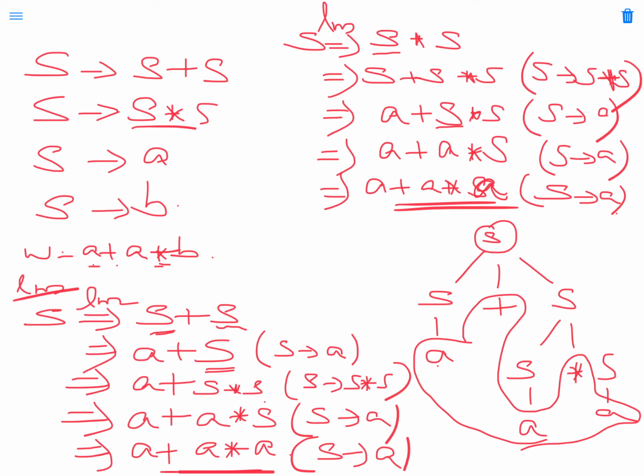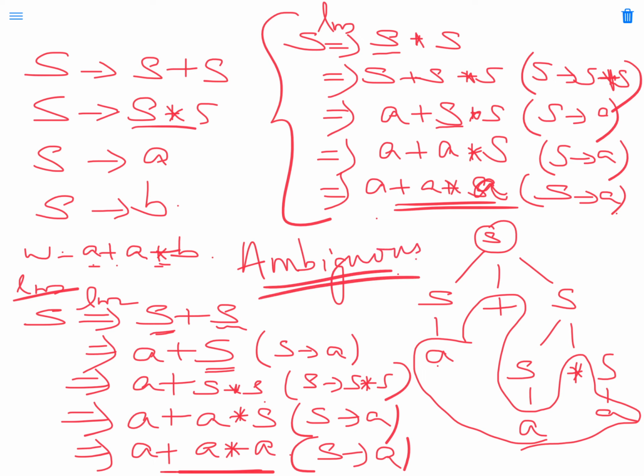Similarly, when you draw the tree for the other derivation, you will be getting some other parse tree where it will be starting with S star S. So hence the grammar will be called the ambiguous grammar.